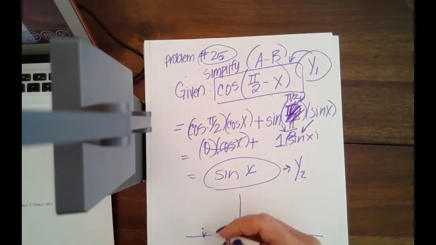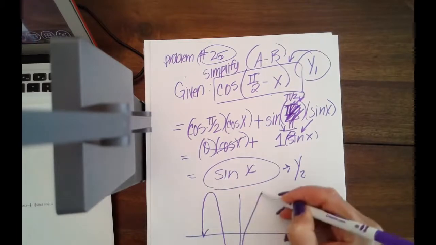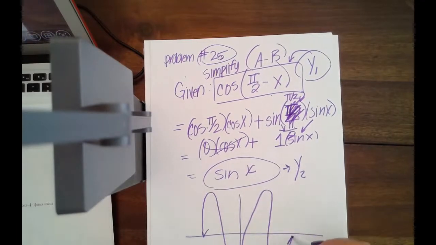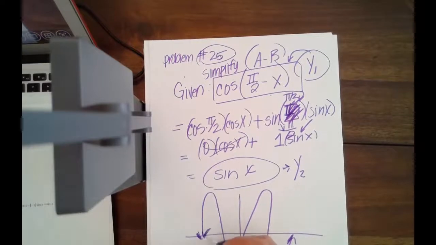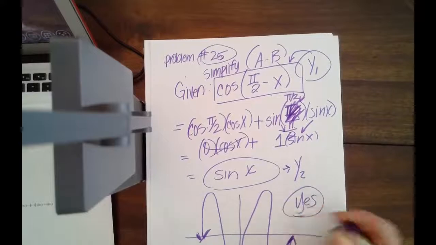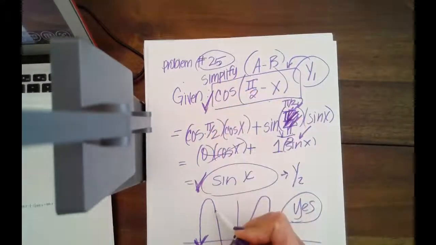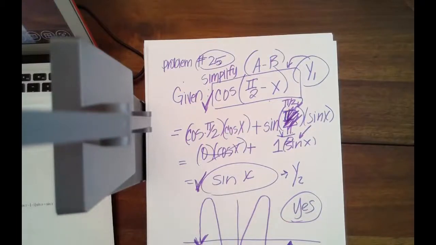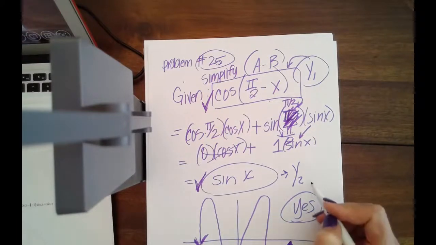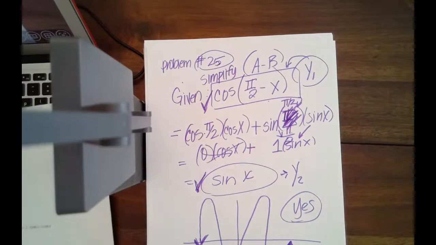So this one might look a little something like this, down here, and then up here, and then down here, and then up here. Something like that. And you're going to see only one graph. So the answer here would be yes. They're asking you to graph both the original and the simplified. So you would say, yeah, basically that verified out. Those are the same graph. Alright, so you have several of those, and they're just that easy.